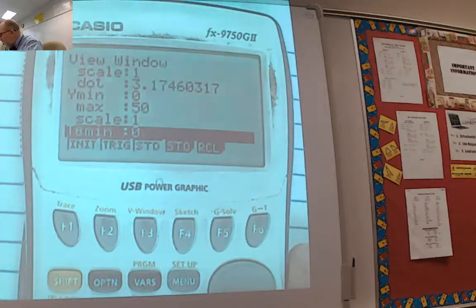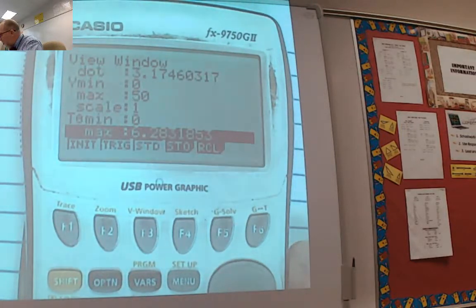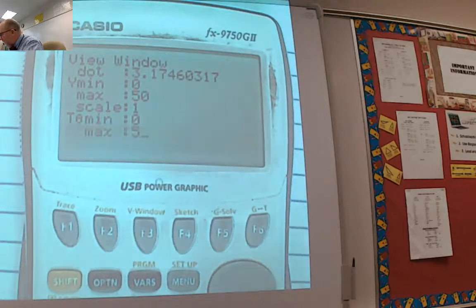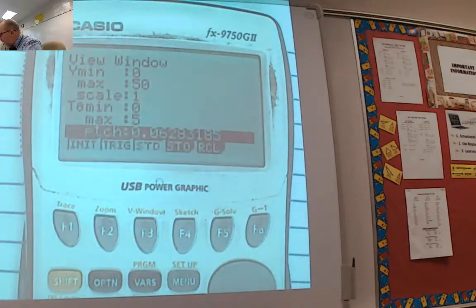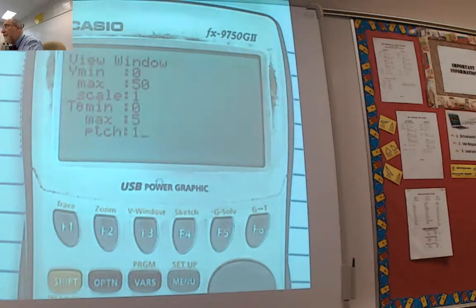Yeah. Okay, on Casio, it doesn't. So I'm going to go from 0, and I'm going to pick 5 to start out with. I think that works. And then I'm going to have a pitch of 1. Is pitch the same thing as T step? Yes, it is.